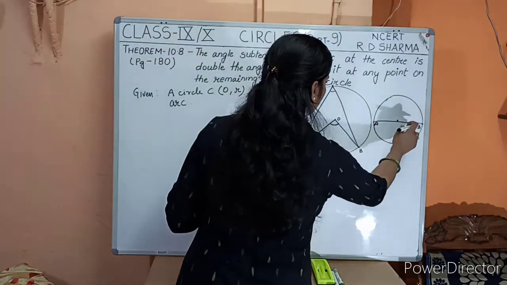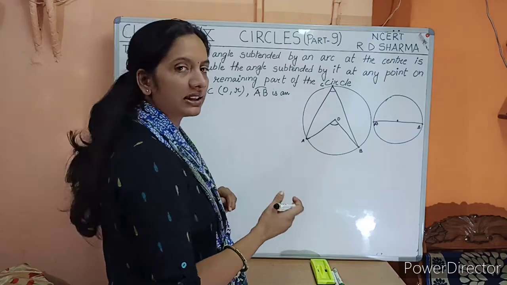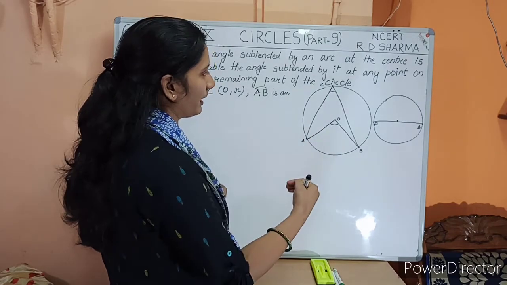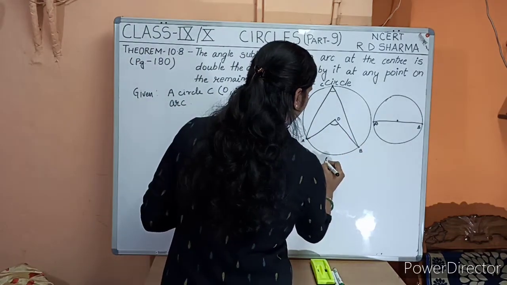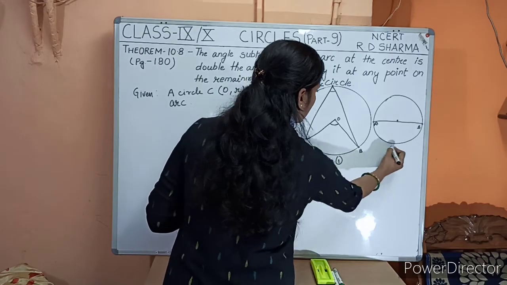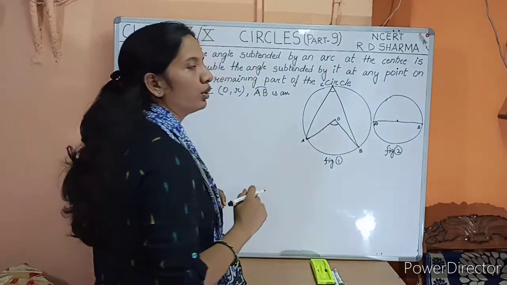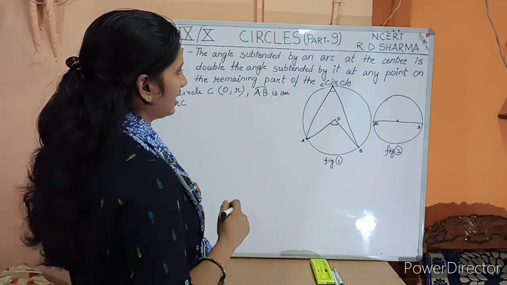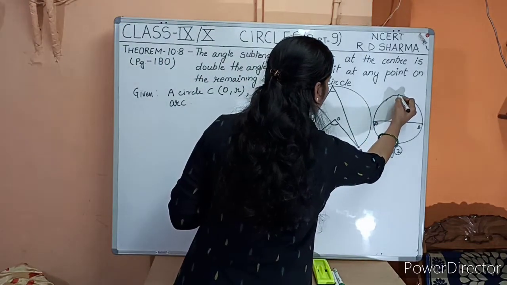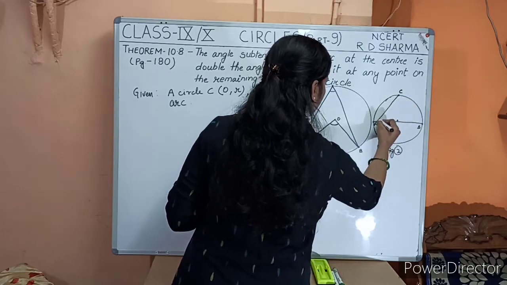So we can say that neither arc is major or minor, right? So if we consider this figure as 1 and this as figure 2, then in figure 2 both the arcs are the same here. And let us suppose some point is here at C.